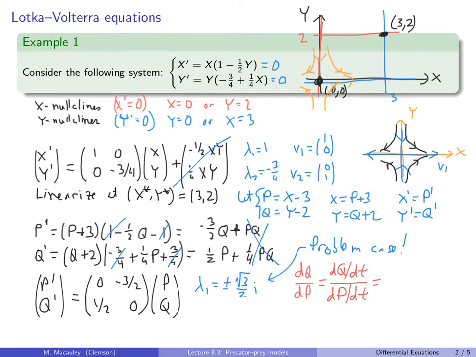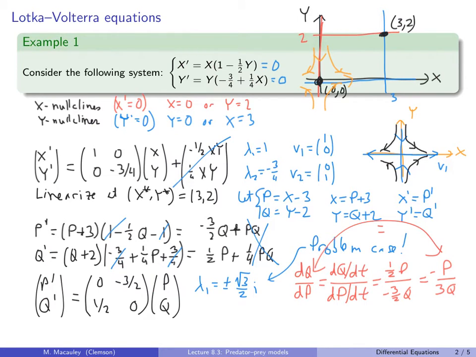So this is 1/2 p over minus 3/2 q, which is minus p over 3q. So now let's equate those, and multiply the 3q over here and the dp over here.